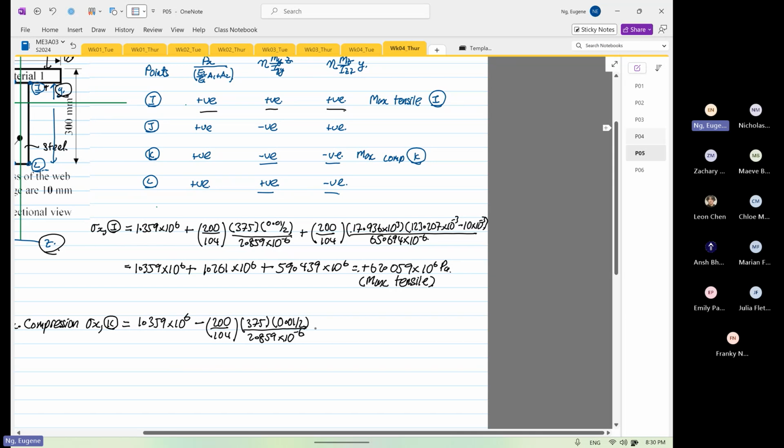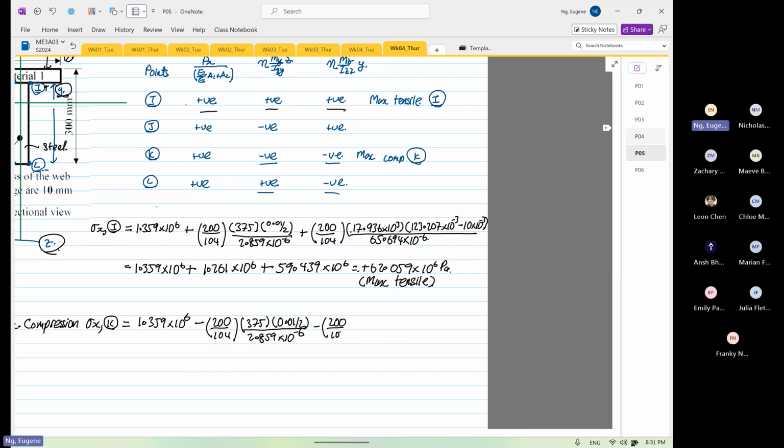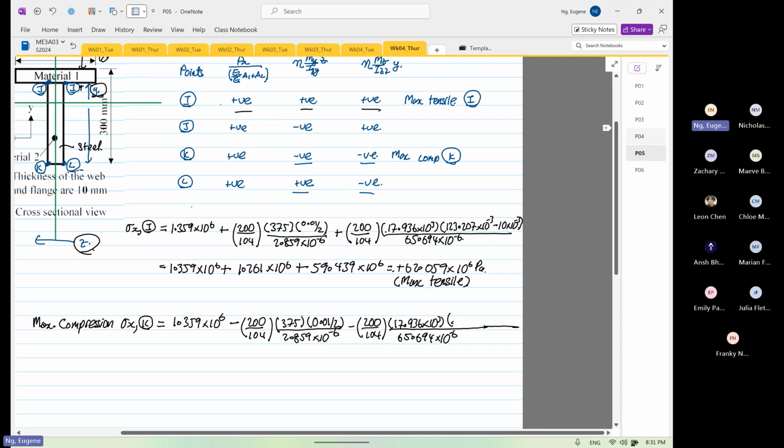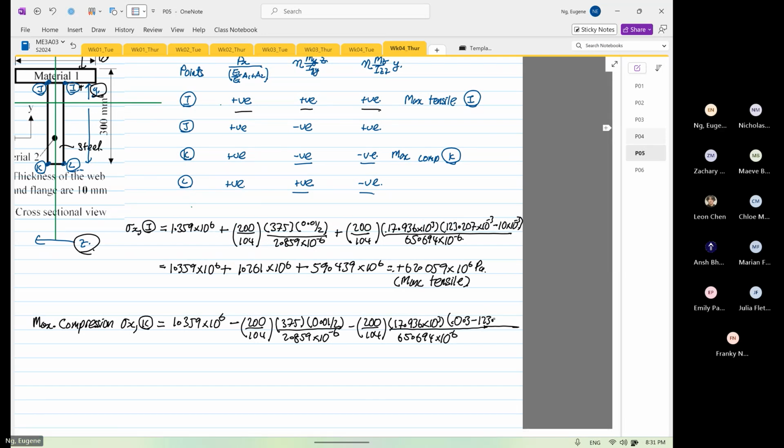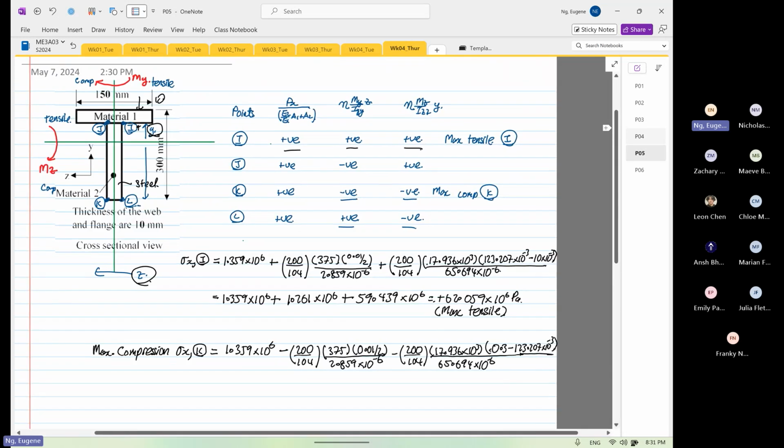Now this is the part that changes. So minus 200 over 104. Moment is still the same, and then divide by the second moment of area, which is still the same, 65.694 times 10 to the power minus 6. This part is different, so now it is equal to 0.3 minus 123.207 times 10 to the power minus 3. Why is that?